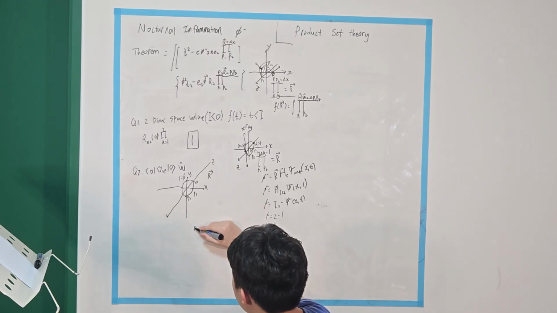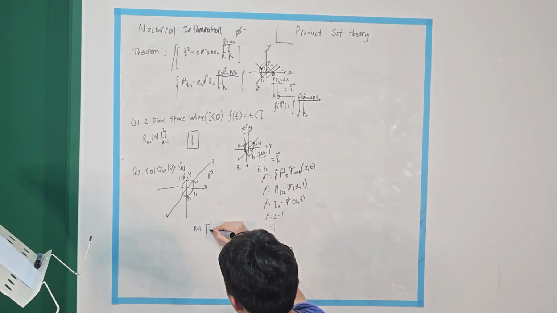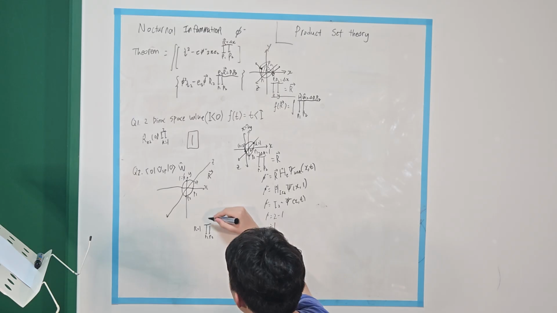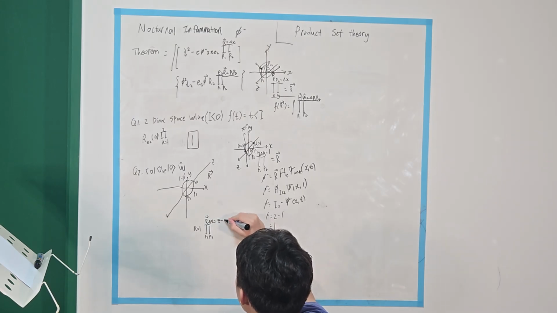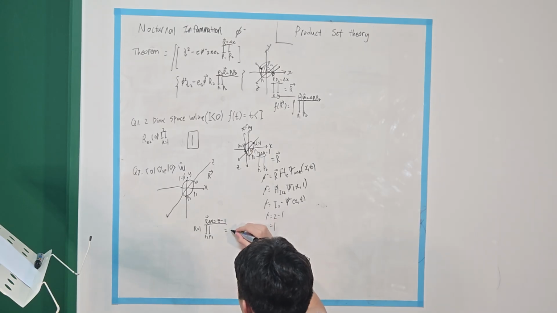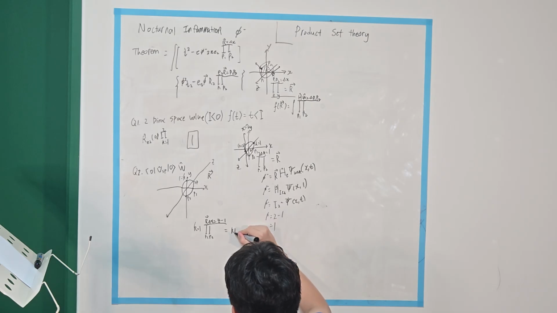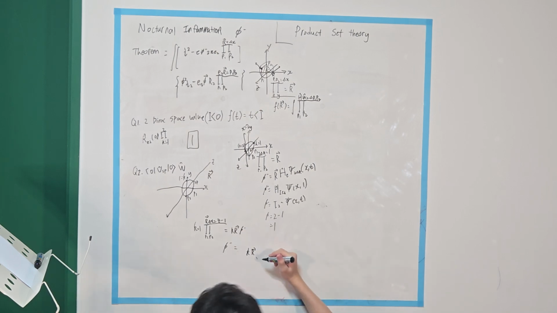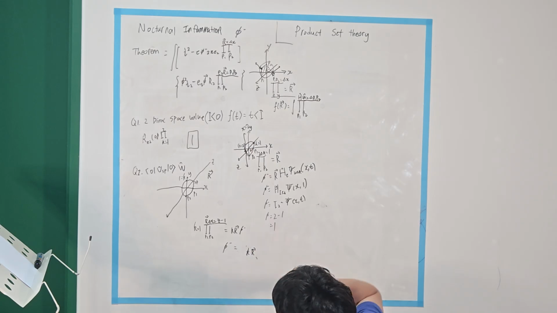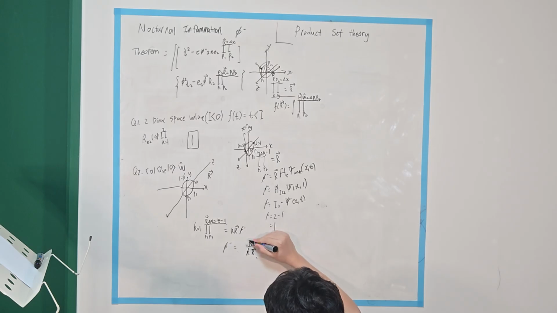So K equals 1, P1, P2, R delta x equals to z minus 1. This will equal to K R vector this. And this equals to K R. Since K equals 1, we won't write it later. But for the easier knowing, we'll have to write it first.